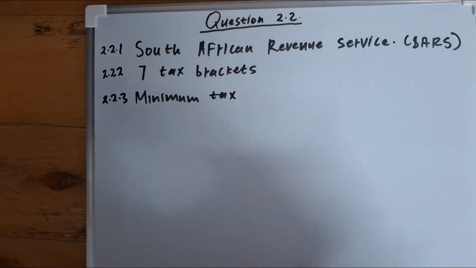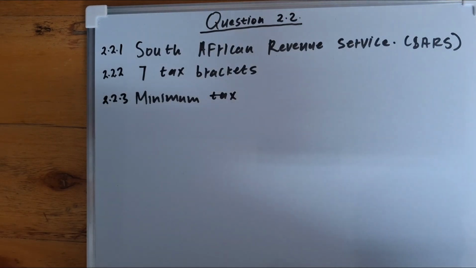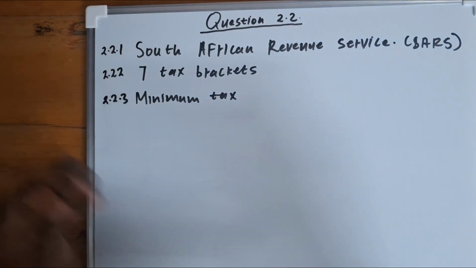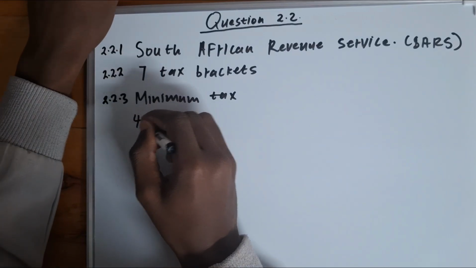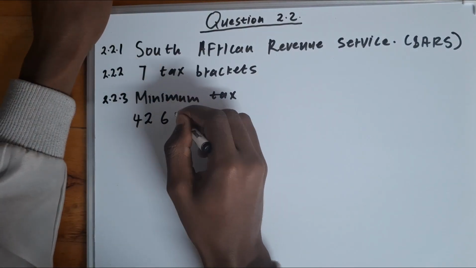So to calculate the minimum tax, you must actually go to the third tax bracket and identify what you must calculate, which is 77,362. Then you go to the previous tax bracket that says 42,678.